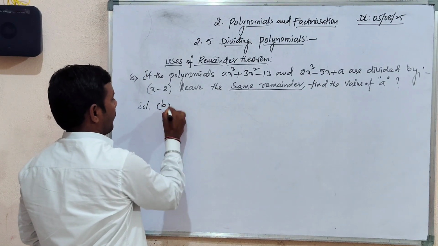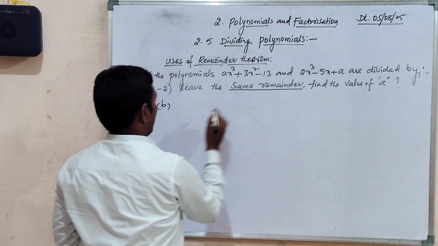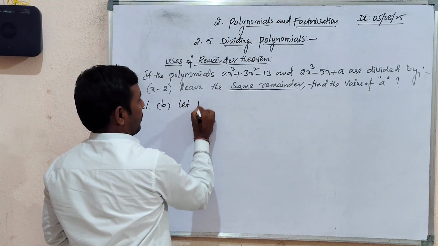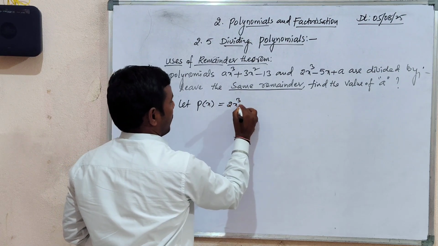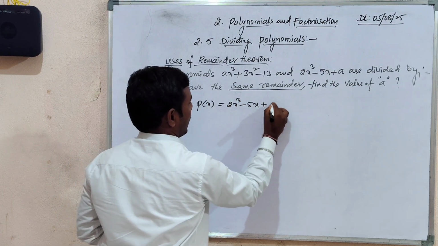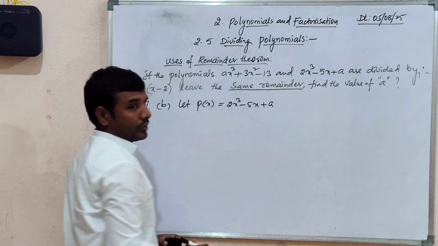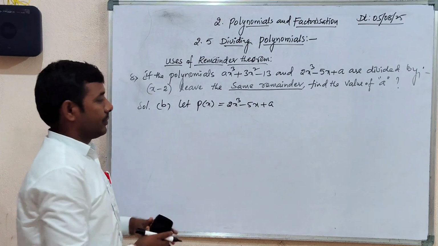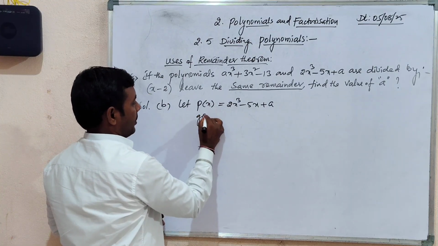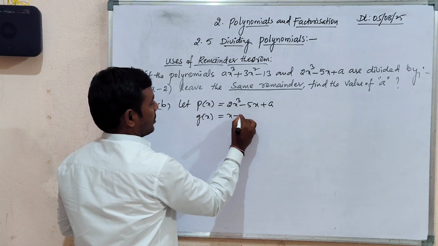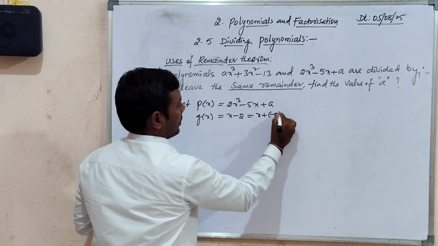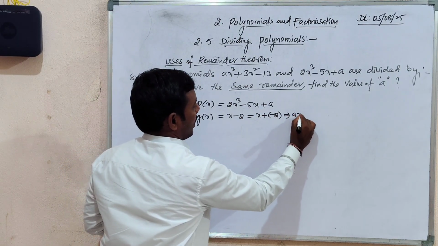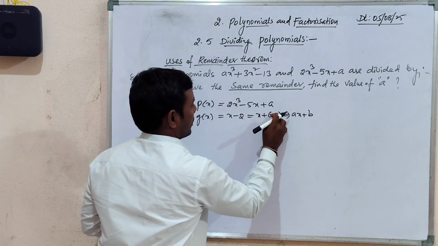Okay, let us see B. What is B? It is another polynomial there now. Let P of x is equal to 2x power 3 minus 5x plus a. This one. That is also divided with the same. So g of x, tell me, x minus 2, which is equal to x plus of minus 2, which is in the form of ax plus b, right?